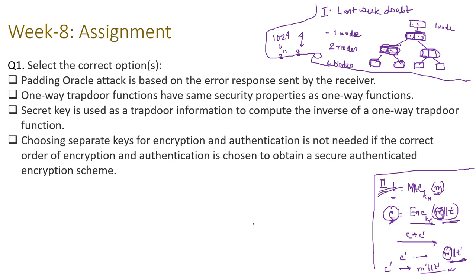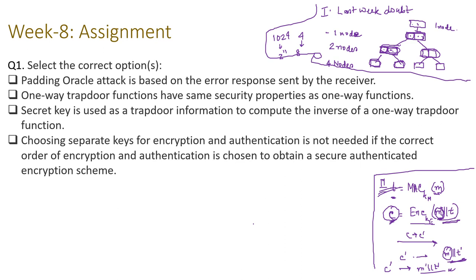Okay, so the second statement is: one-way trapdoor functions have the same security properties as one-way functions. Last week, I think someone asked this in some other form in the chat, about whether the underlying security of a one-way function and a one-way trapdoor function is the same. I remember I answered that they are the same.